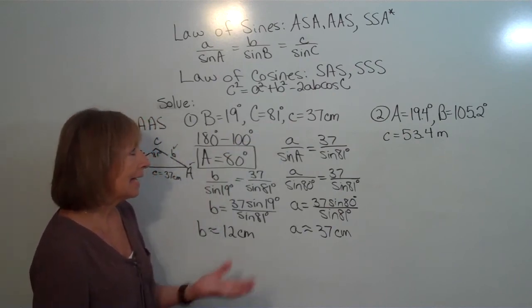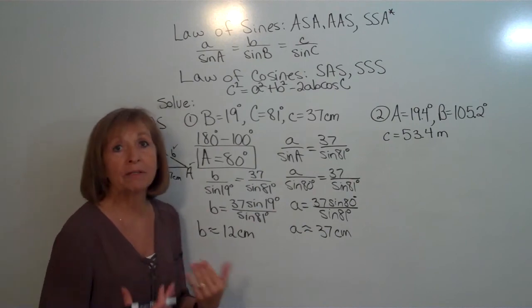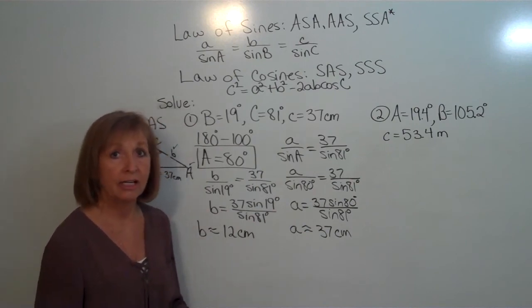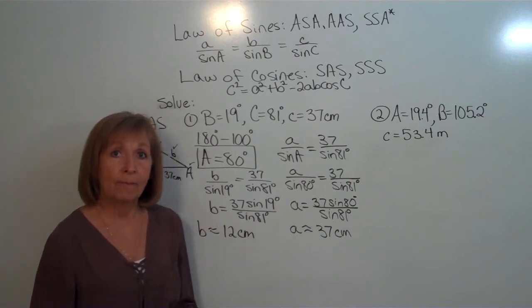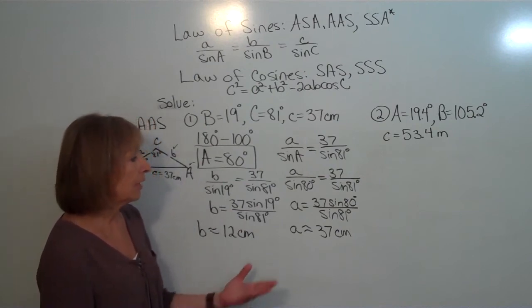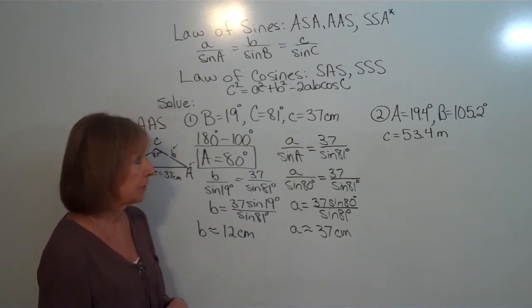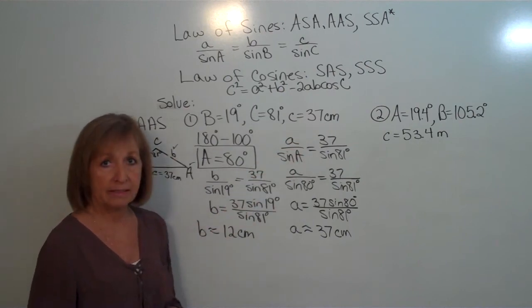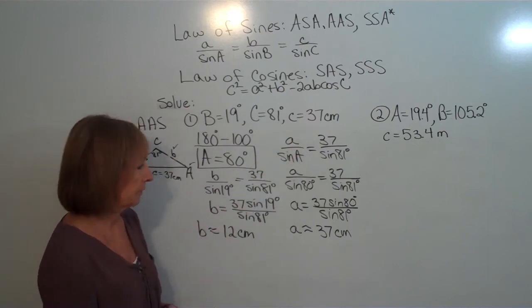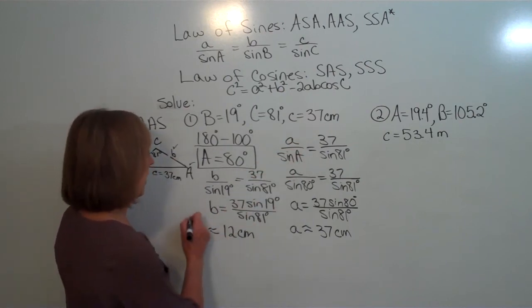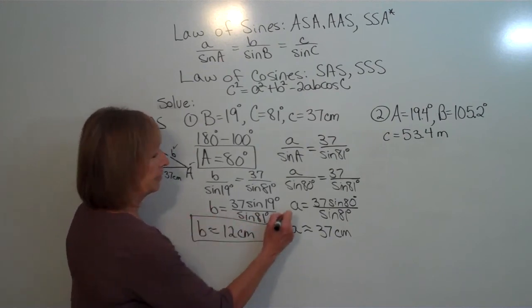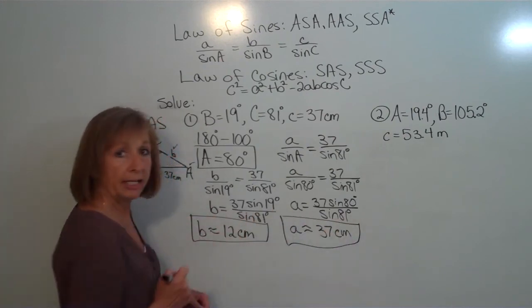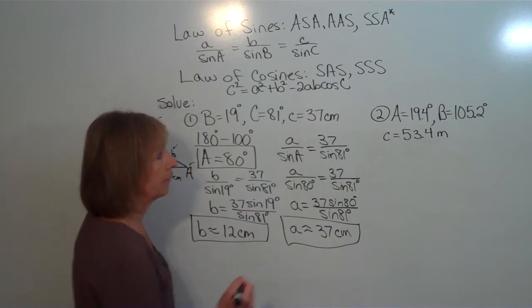And so my side c and my side a are going to be very close to each other in length. And within the reporting of the 2 significant figures, they look to be the same value as an approximation. Okay, so then that gives us all of our information for the solution of that triangle. Let's go to our second example.